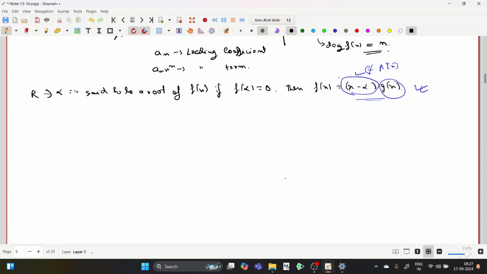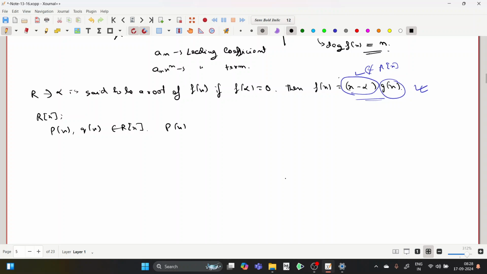Suppose I start with R[x], and I have two arbitrary polynomials, P(x) and Q(x), coming from R[x].